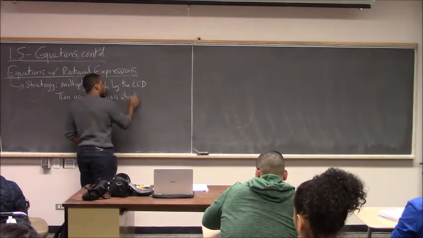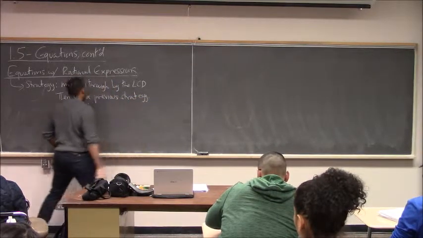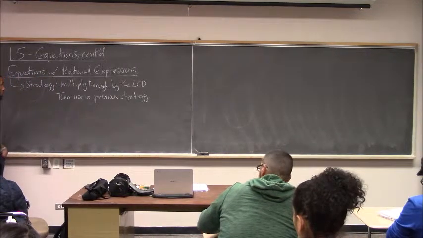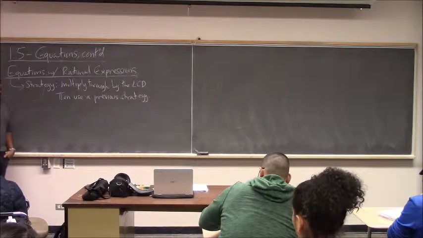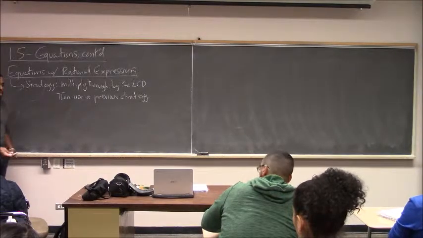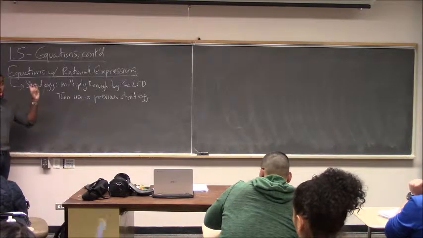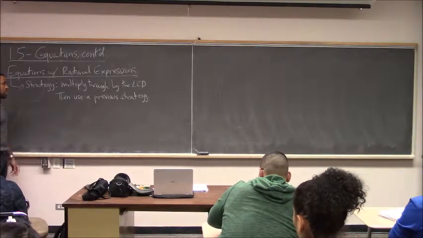So in the same way that when it came to dealing with equations that had radicals in them, basically we isolate the radicals, raise both sides to powers, and ultimately after we do this for a while, we get an equation that's more normal, where it doesn't have anything weird to deal with. That's the same kind of idea here.